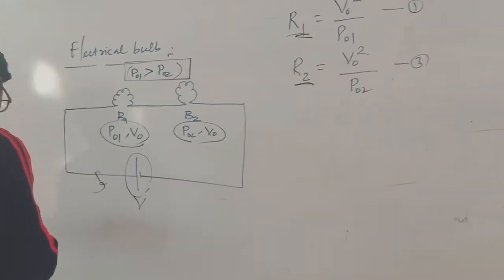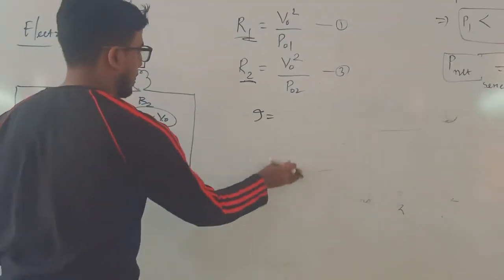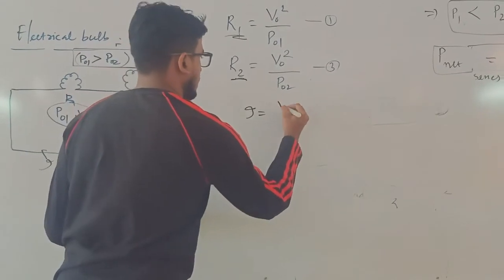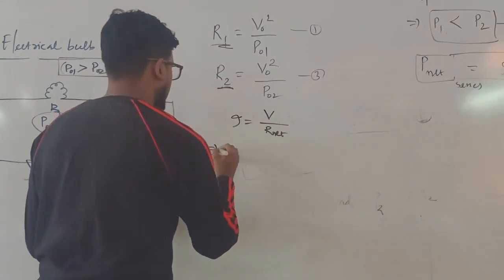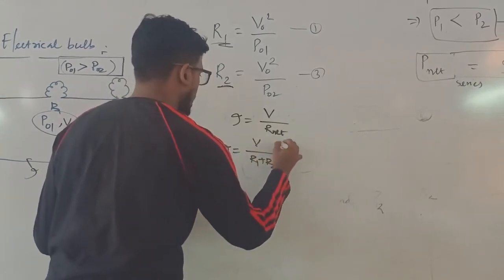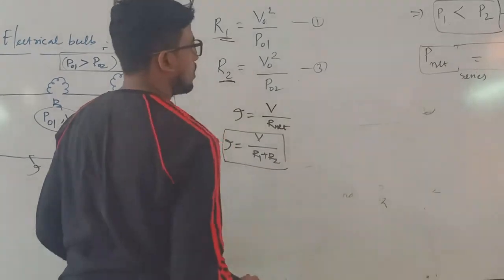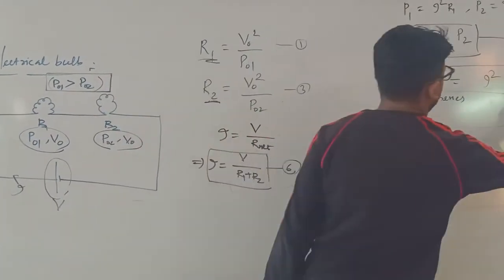So the current according to Ohm's law will be how much? I equal to V by R, so you can write I equal to V by R1 plus R2. Okay, let it be equation 6. This will be equation 5.